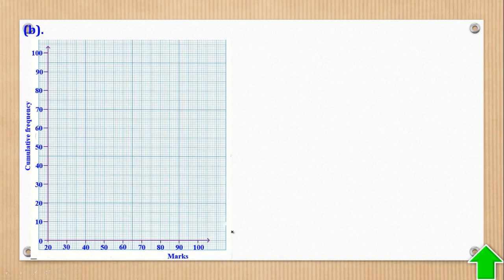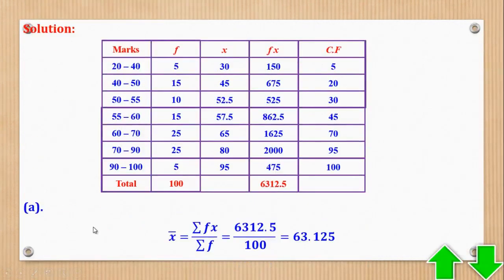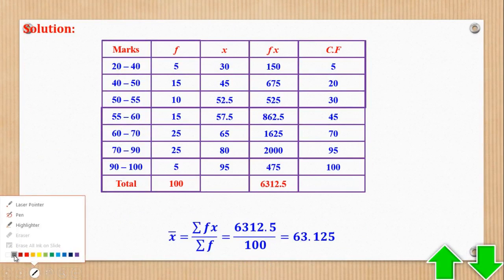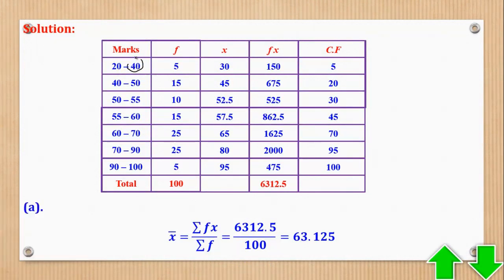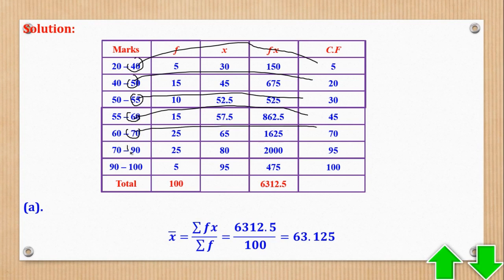Remember, like I said, plotting, we plot 40 goes with 5, 50 goes with 20, 55 goes with 30, 60 goes with 45, 70 goes with 70, 90 goes with 95, and 100 goes with 100.